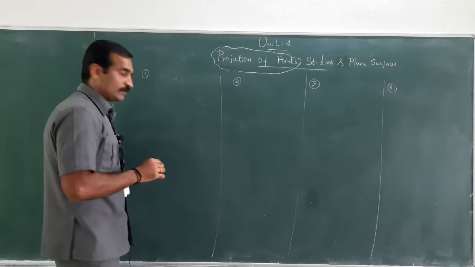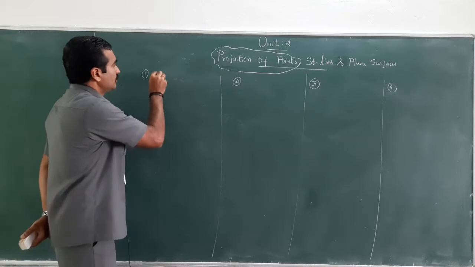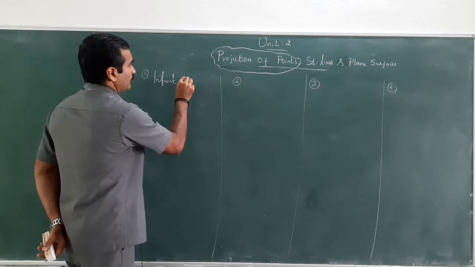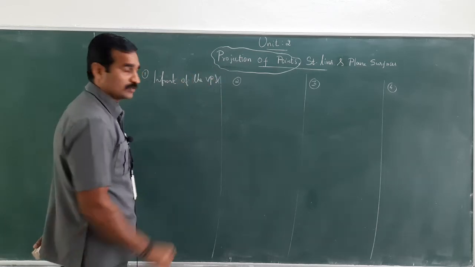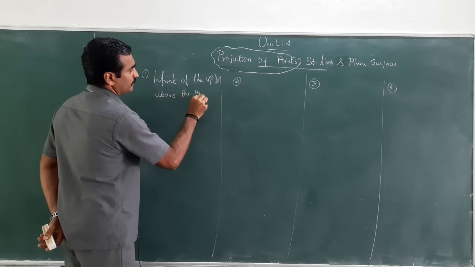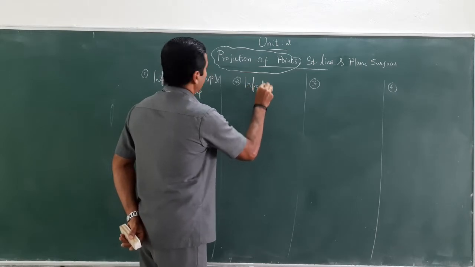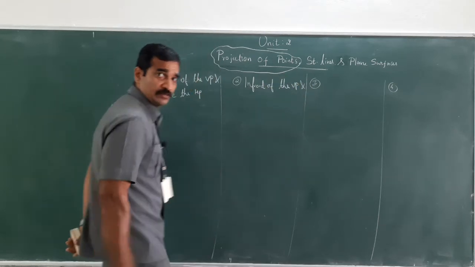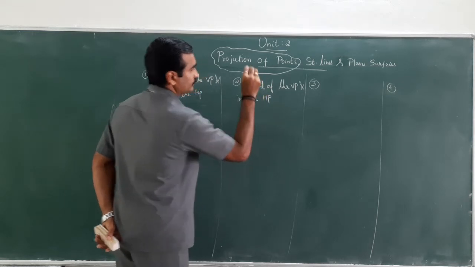Right. So I am going to draw the first condition. The first condition says the object is in front of the VP and above the HP. The second condition: in front of the VP and in the HP, right?